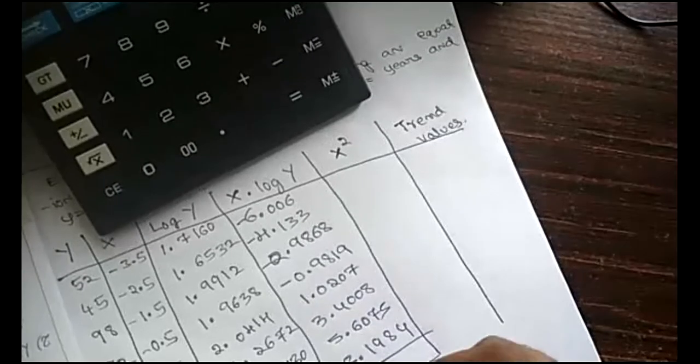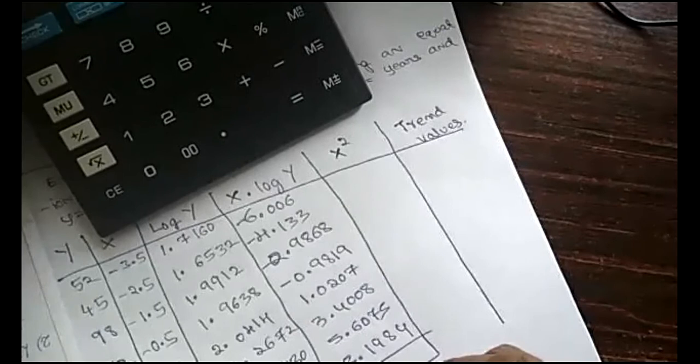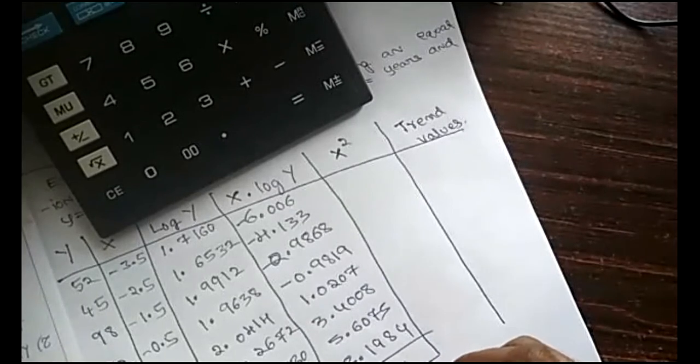So total of x into log y is 4.1197. Total of x into log y is 4.1197.